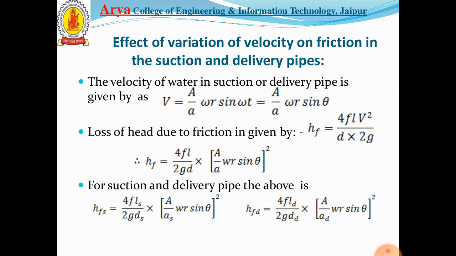For the suction and the delivery pipe, the above equation is h_fs equal to 4 f L_s upon 2 g d_s into A by a_s omega r into sin theta whole square. Similarly, s is replaced by d, that is 4 f L_d upon 2 g d_d into A upon a_d omega r into sin theta whole square.